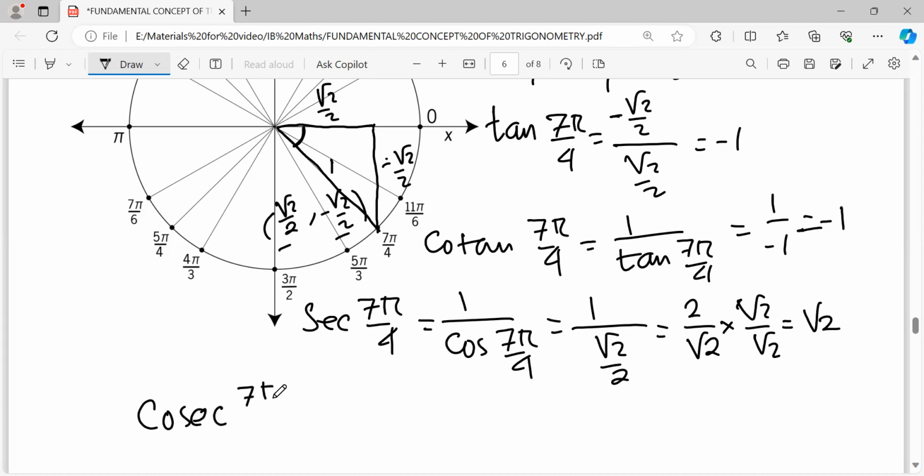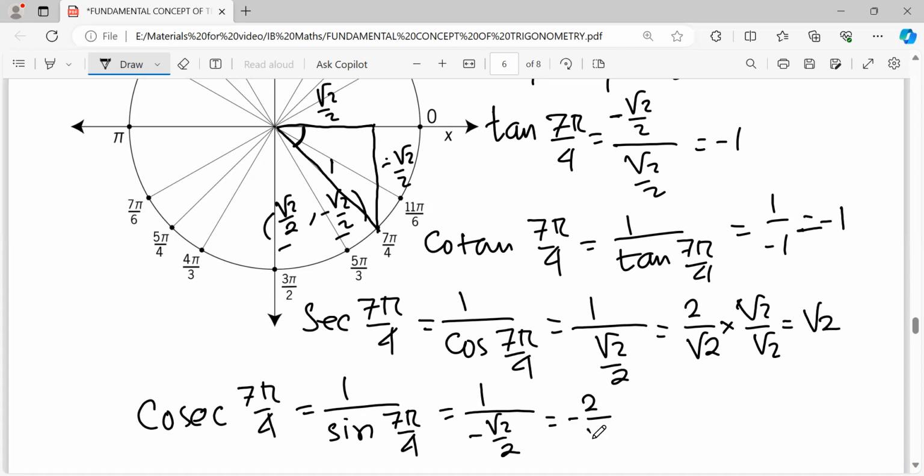Cosecant 7 pi over 4 equals 1 over sine 7 pi over 4, 1 over negative square root 2 over 2, or negative 2 over square root 2, or negative square root 2.